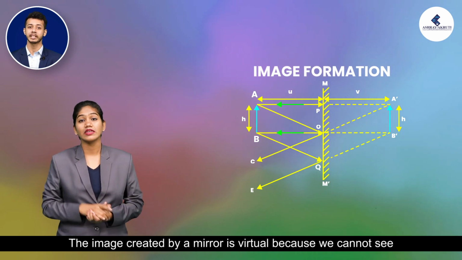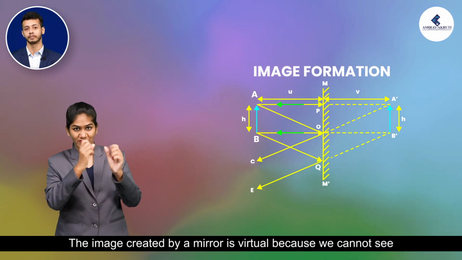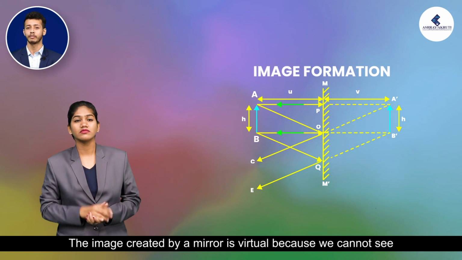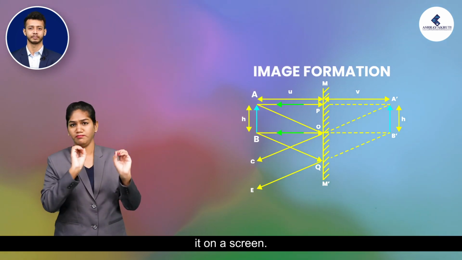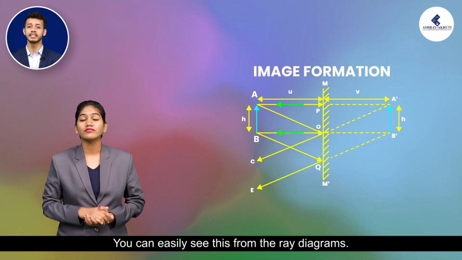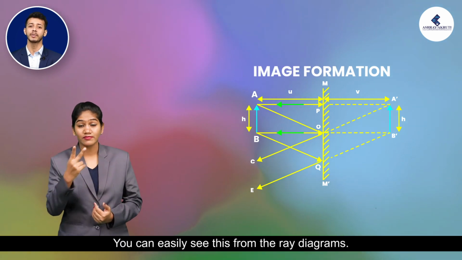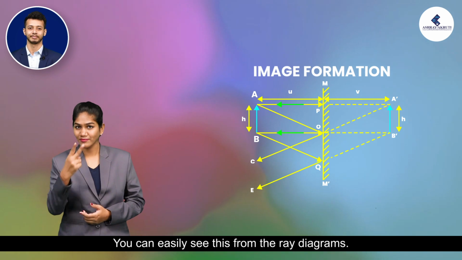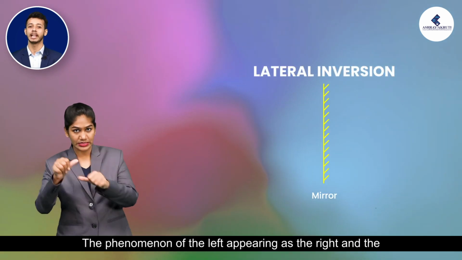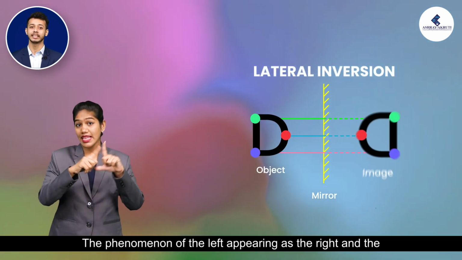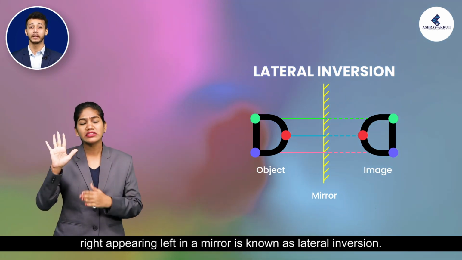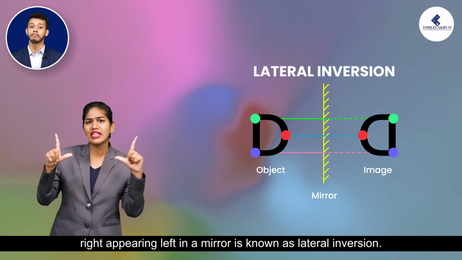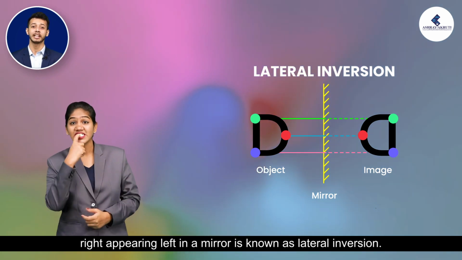The image created by a mirror is virtual because we cannot see it on a screen. You can easily see this from the ray diagrams. The phenomenon of the left appearing as the right and the right appearing as the left in a mirror is known as lateral inversion.